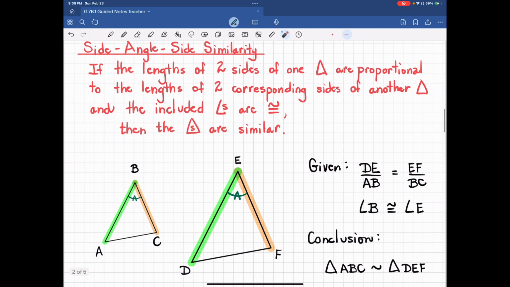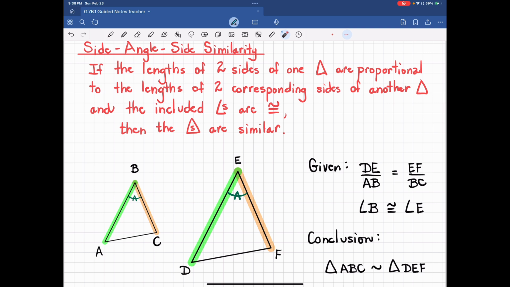And so in the example, we see that DE, which is here, corresponds to AB, which is here. I know that EF corresponds to BC, and if I make a proportion out of those side lengths, if those two ratios are equal, then you know the sides are proportional.